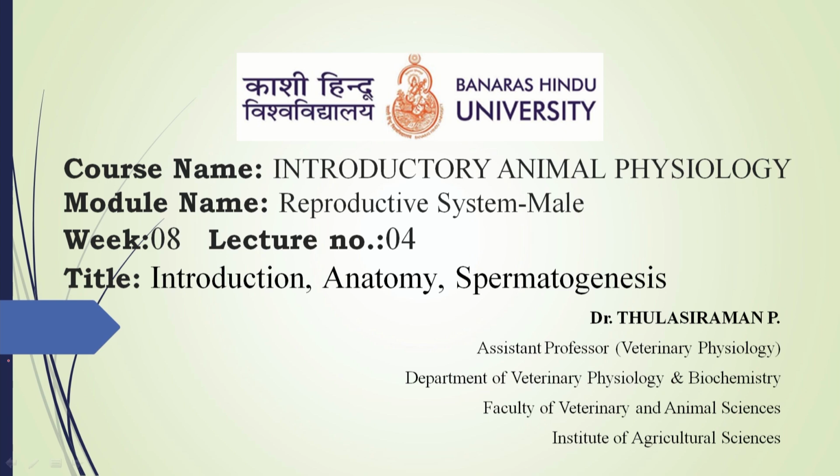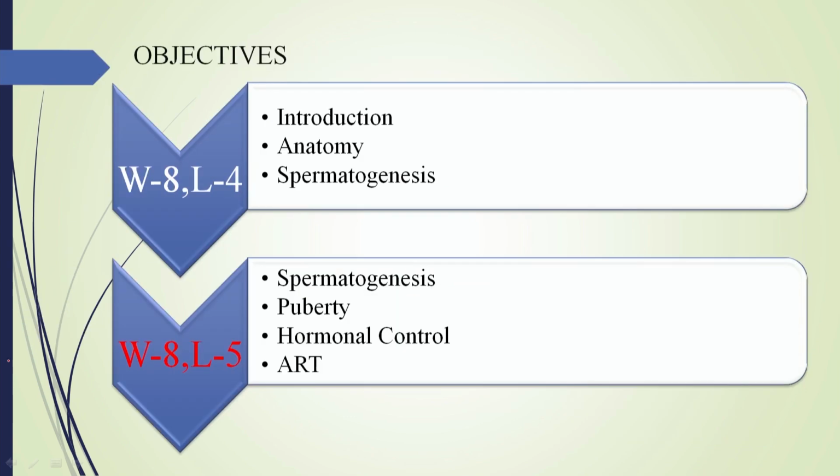In this lecture, we will explore the fascinating topic of the male reproductive system, focusing on its anatomy and functional aspects. Our key objectives are to introduce the male reproductive system and its components, to discuss the structural and functional anatomy of the male reproductive organs, and to delve into the process of spermatogenesis, a fundamental aspect of male reproduction.